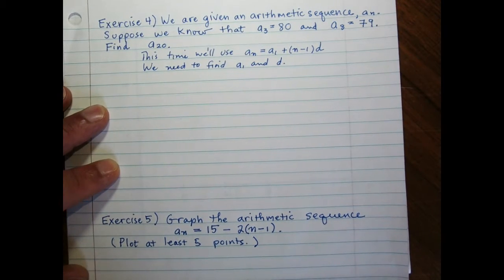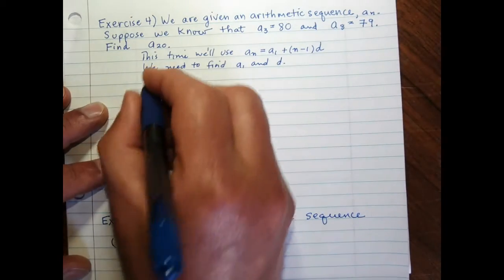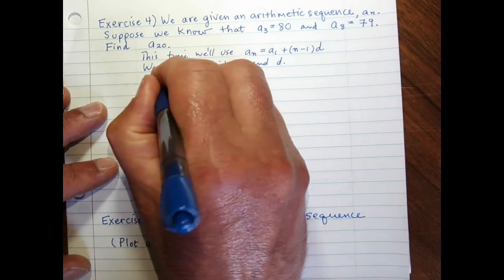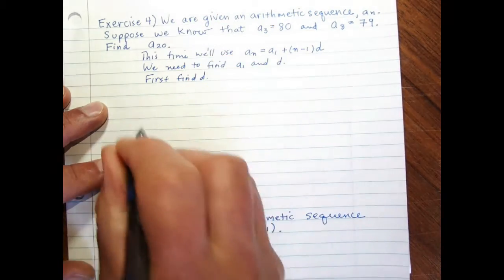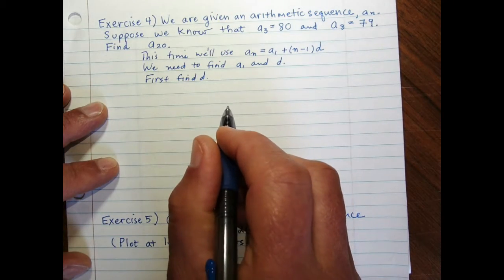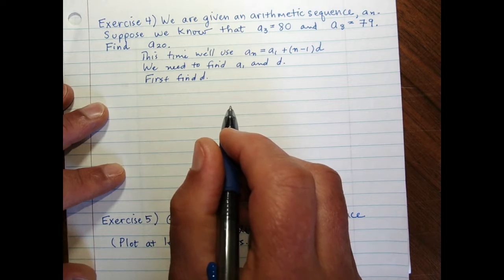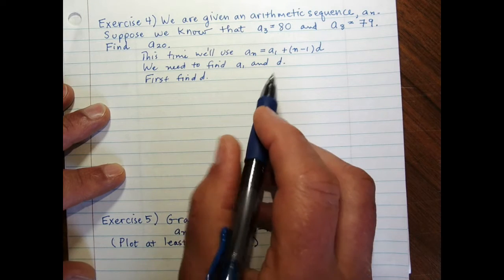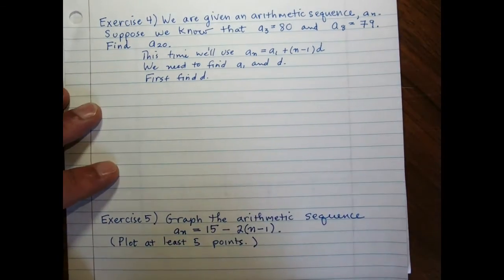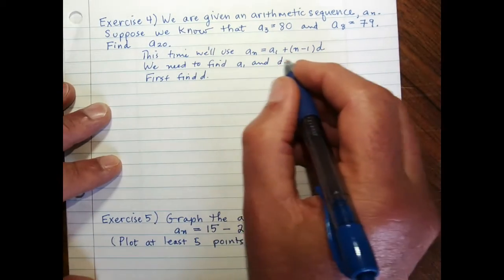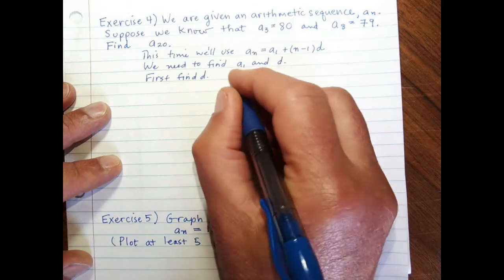Now I can first find d. And I think I have to find d in the same way that I found d before. And well, actually, no. Let's go ahead and do this.